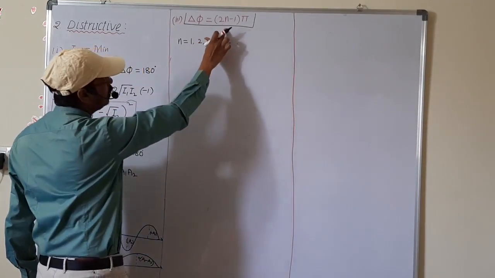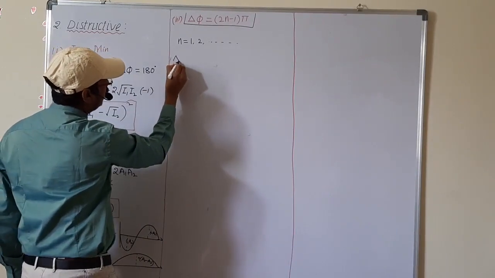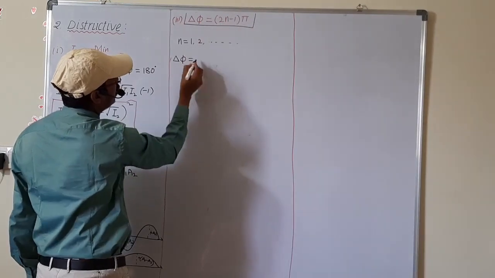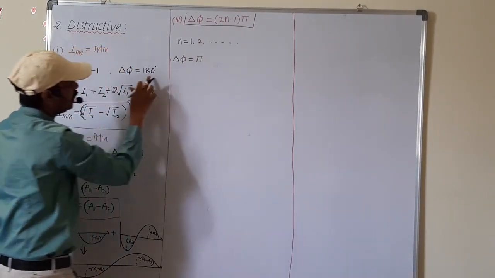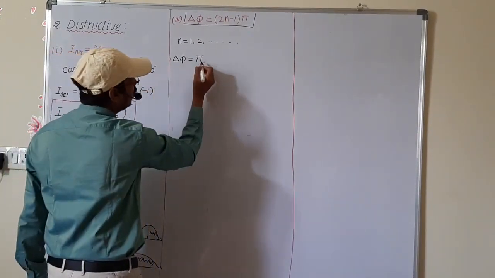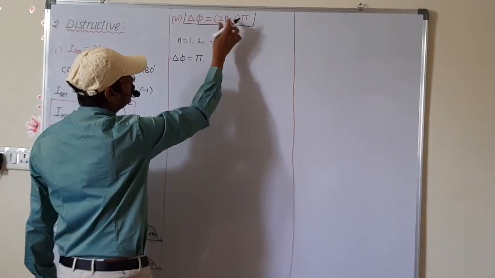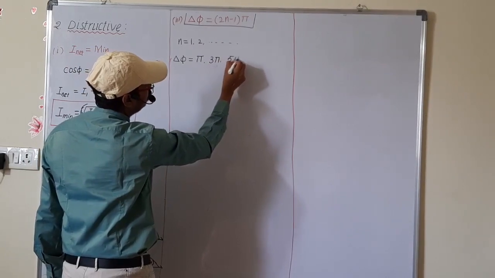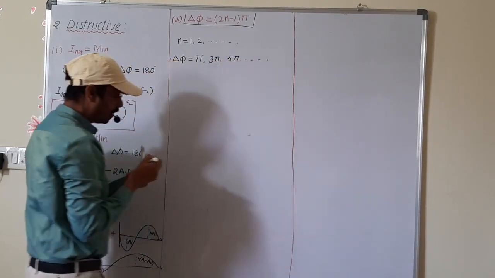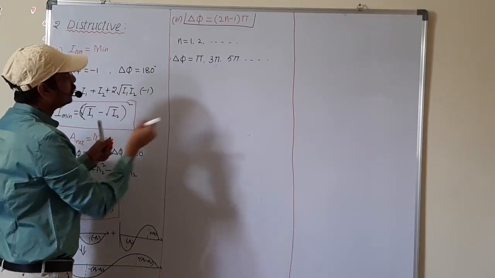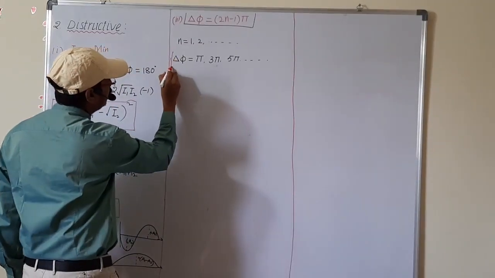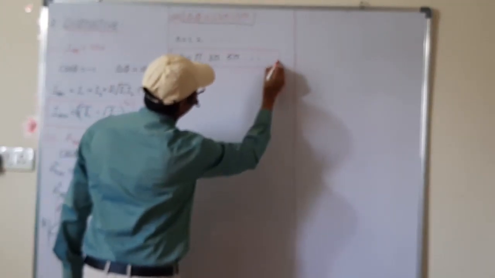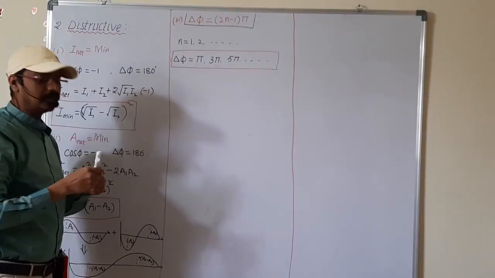If I substitute n equal to 1, delta phi is equal to pi. If I substitute 2, 3, we get 3 pi, 5 pi and so on. Whenever the phase difference is pi, 3 pi, 5 pi and so on, at that point we will get destructive interference.